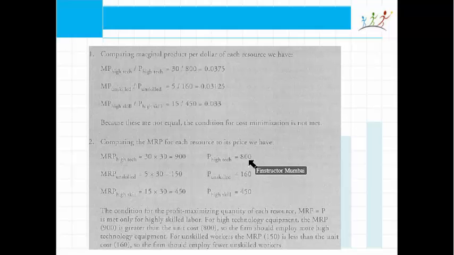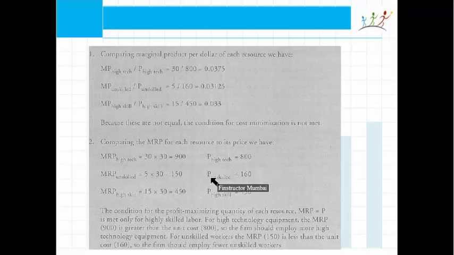It's spending $800 on high technology equipment to receive 30 products. One high technology equipment gives 30 products, each of which can be sold for $30. So my revenue is $900 and my costs are $800.